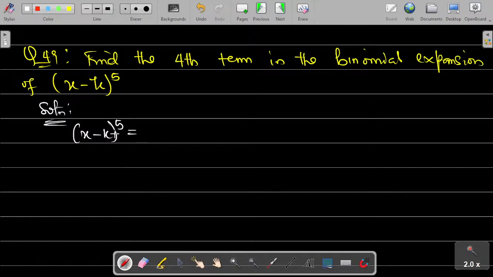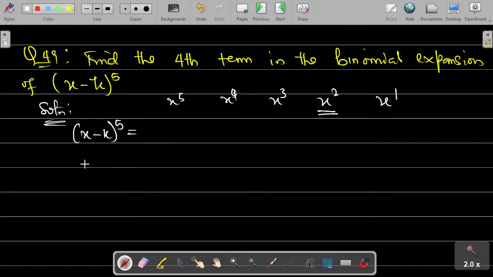So we don't even need to expand everything. So the fourth term in descending power of x. So that means x to power 5 down to x to power 4, x to the power of 3, x to the power of 2, and x to the power of 1. So this is what the whole expansion for x is going to be in descending power. And this is the fourth term.